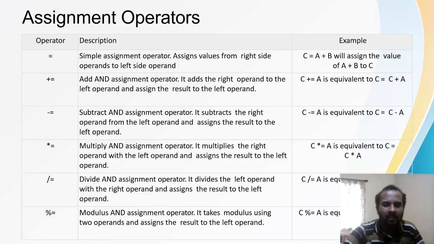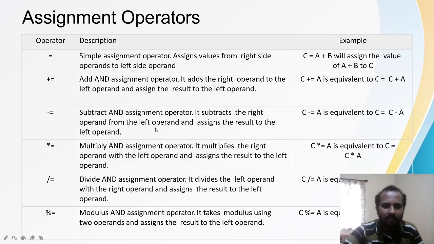C is equal to C minus A. So it is again going to solve C minus A first, then it is going to assign the value. Again take the same example where C is equal to 1 and A is equal to 2. 1 minus 2, your answer will be minus 1 and minus 1 will be assigned to C. So now the new value of C will be minus 1.